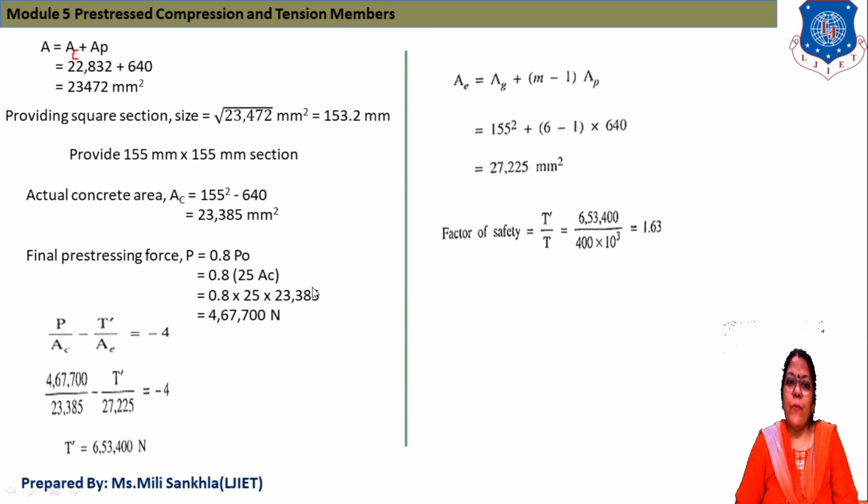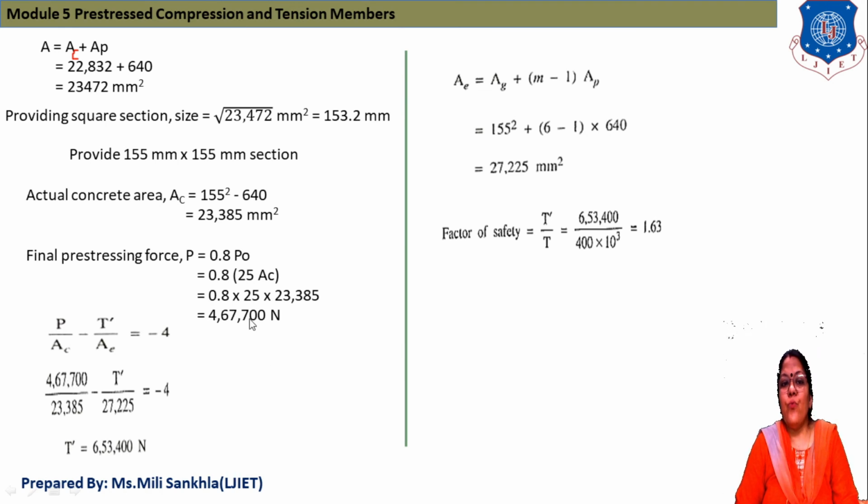Now the final pre-stressing force P is 0.8 P0. 0.8 into 25 into AC, put this value, and the pre-stressing force we get is 4,67,700 Newton. Next, the tensile strength is given, so the equation is P by AC minus T dash by AE.